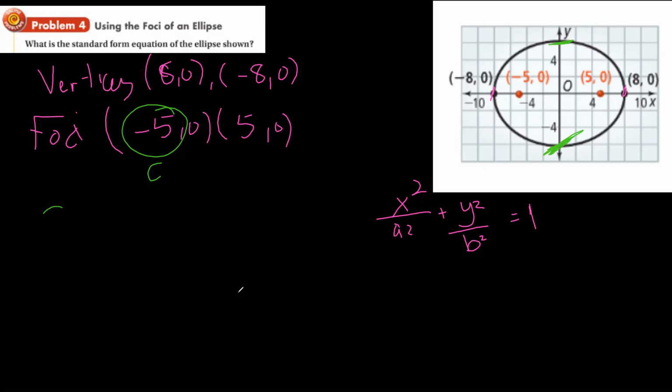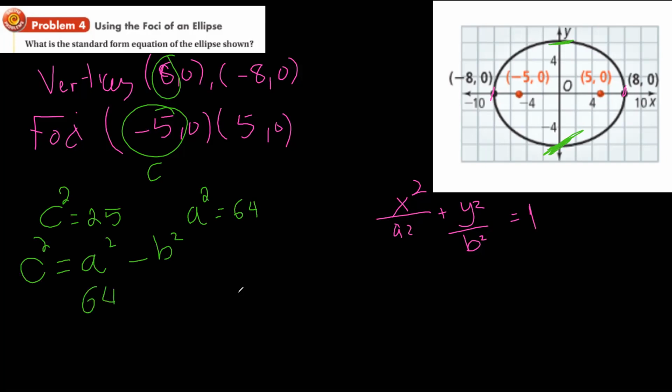So c squared will be 25. A is 8, so a squared is 64. Then we know that c squared is a squared minus b squared. So 64 minus b squared is 25.